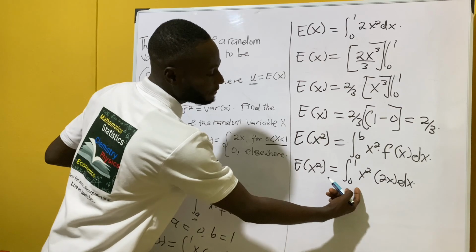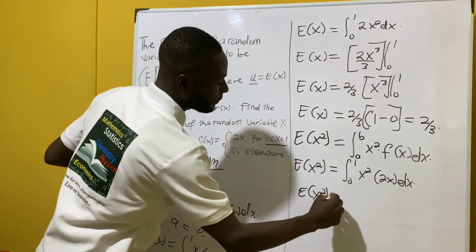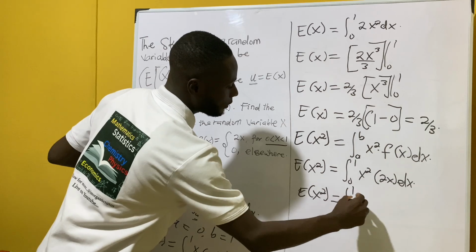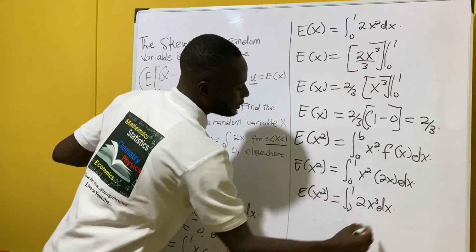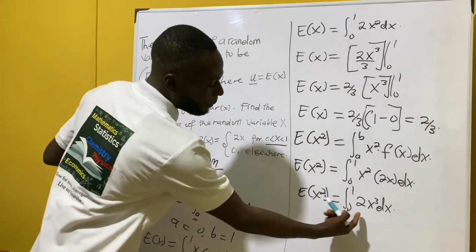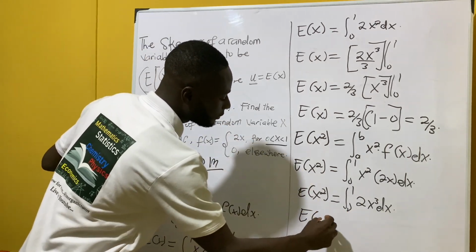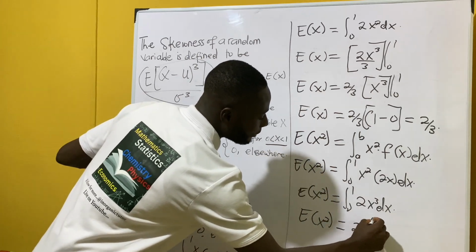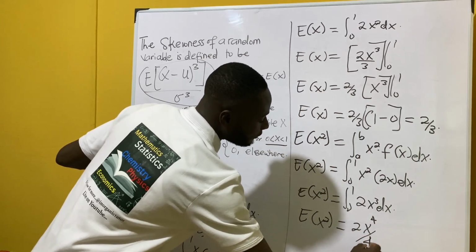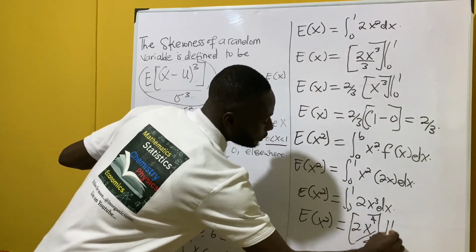So we expand this function and we have 2x cubed dx, right? So when we integrate this, we have 2x power 4 all over 4 on the limit 0 to 1.